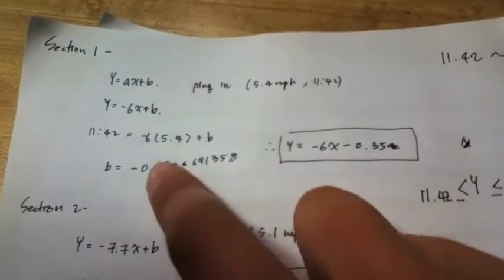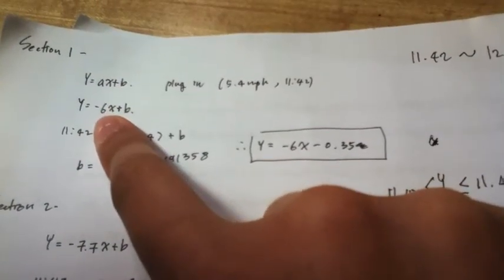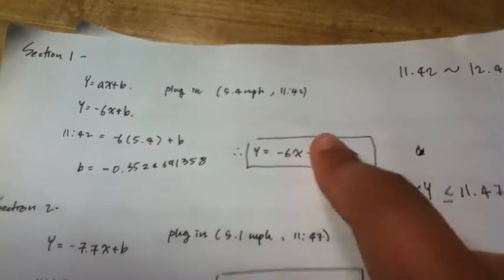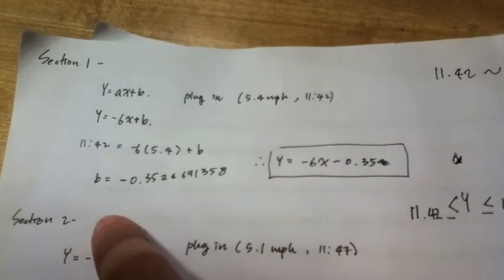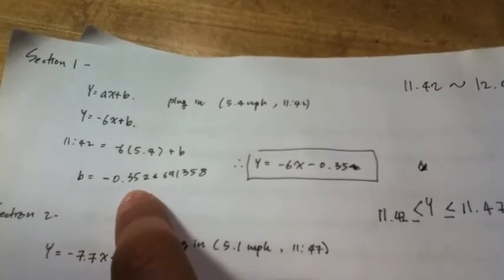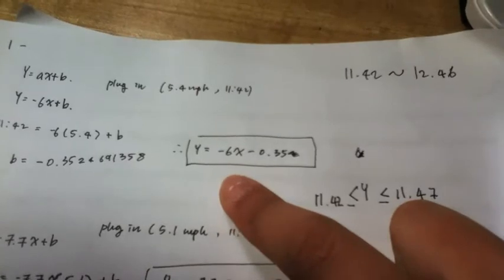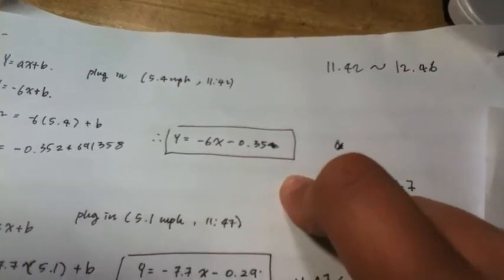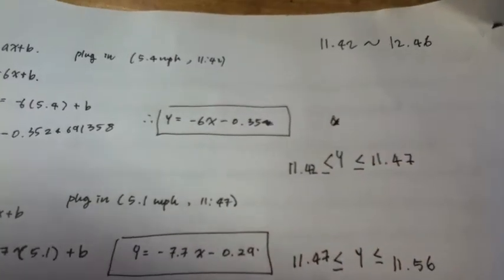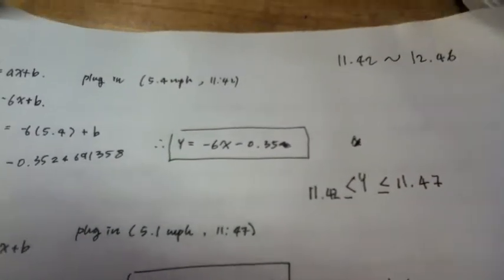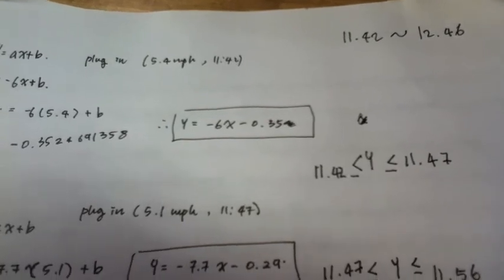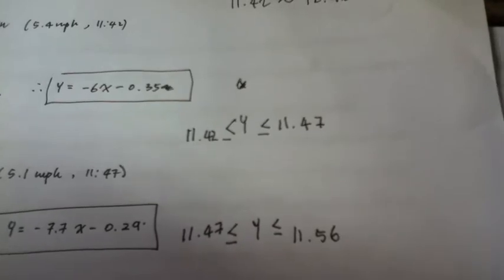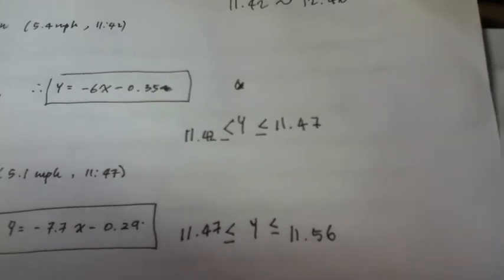I plugged in -6 and then one of the coordinates to find b, and it's -0.35. So y equals -6x minus 0.35. But I had to show my limit because this function is only for section 1, so my limit is from 11.42 to 11.47.